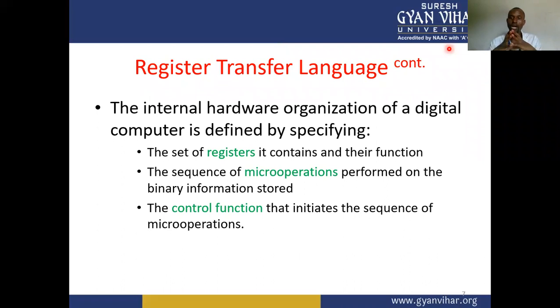Any internal hardware has to specify the registers that it contains and their functions. Just like in your home, your parent knows how many members reside there and who are working, who are students, and who are the servants. This one is also necessary for an internal hardware system. Also, it has to specify a set of micro-operations performed on the binary information that is stored.